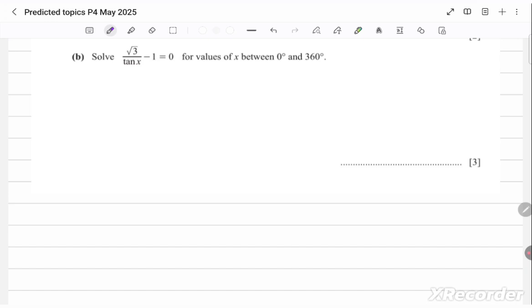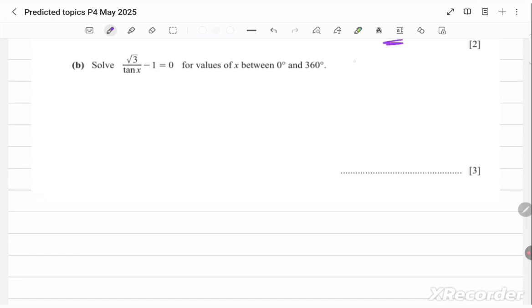The first thing to say before solving, if you have sine x, cosine x, tangent x, when you have them from 0 to 360, you usually have 2 solutions. You have x1 and x2. So don't forget, here they didn't specify, but you should know that you have 2 solutions, not only 1 solution.